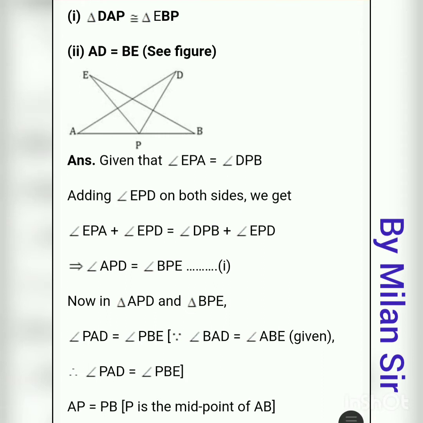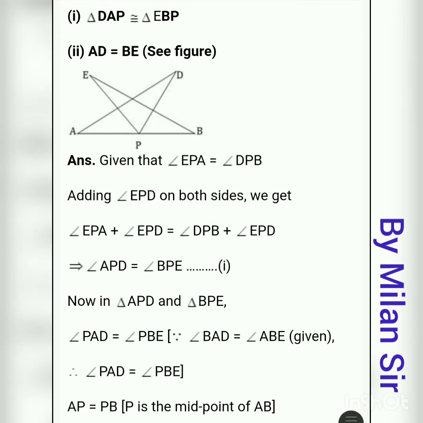Now EPA plus EPD, we can write as full angle APD. Same thing here: angle DPB plus this part becomes full angle EPB, otherwise BPE. So, equation number 1: angle APD is equal to angle EPB.